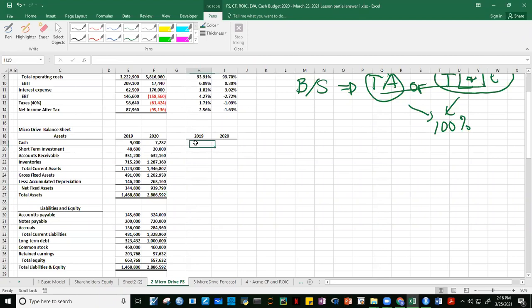So everything here, guys, should be divided by this one, total assets 2019. Then we copy that, tingnan nyo. Itong total na to, 100% siya. Tapos ito naman is equal to yung cash ng 2020 divided by total assets ng 2020.